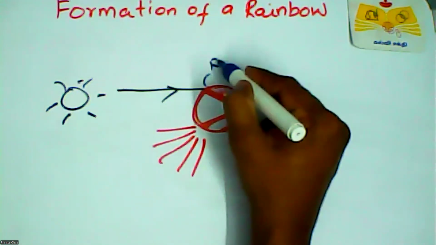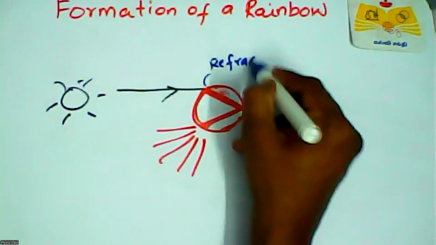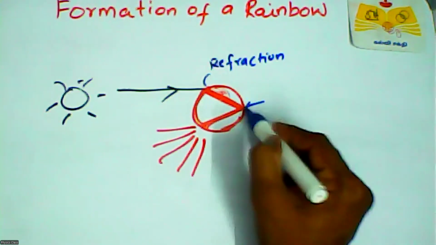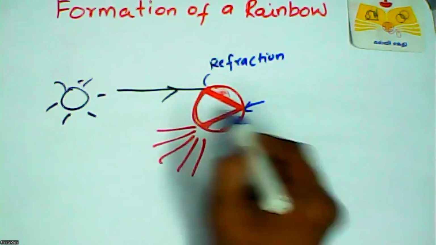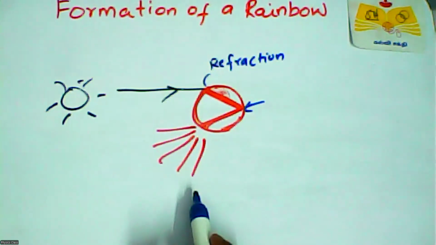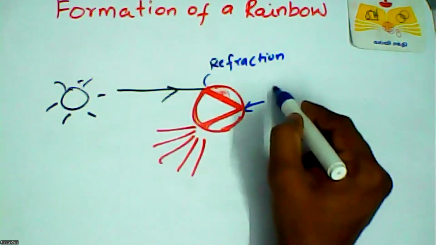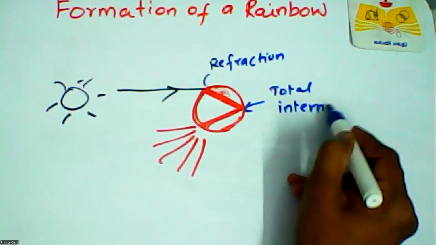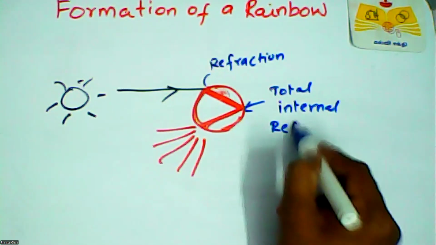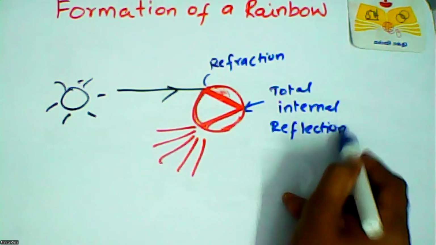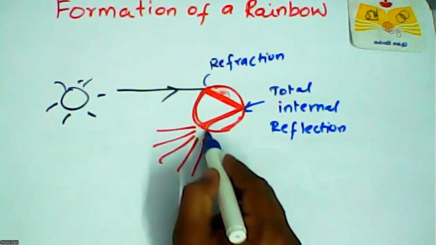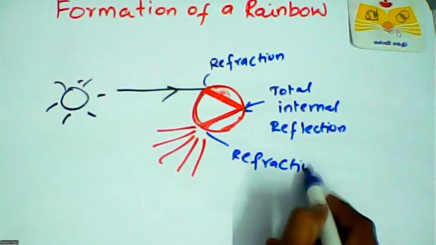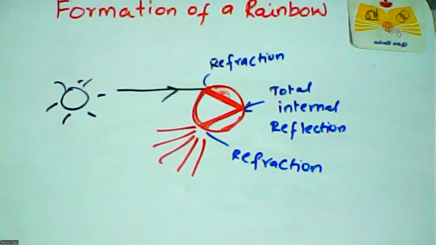Here refraction happens. This is reflected from the inner surface, so this is total internal reflection. Again, here also refraction, and again here also refraction.